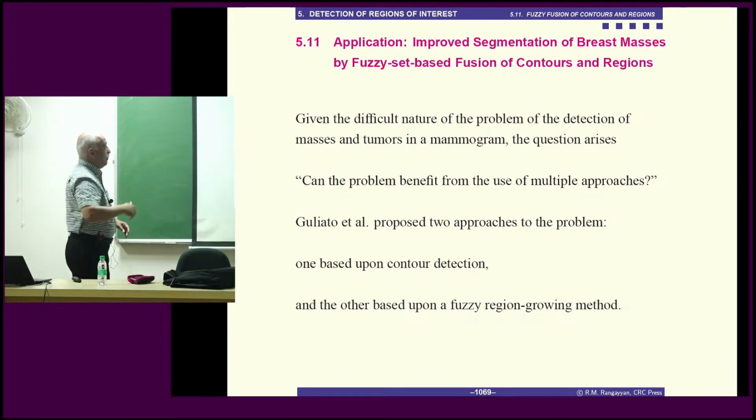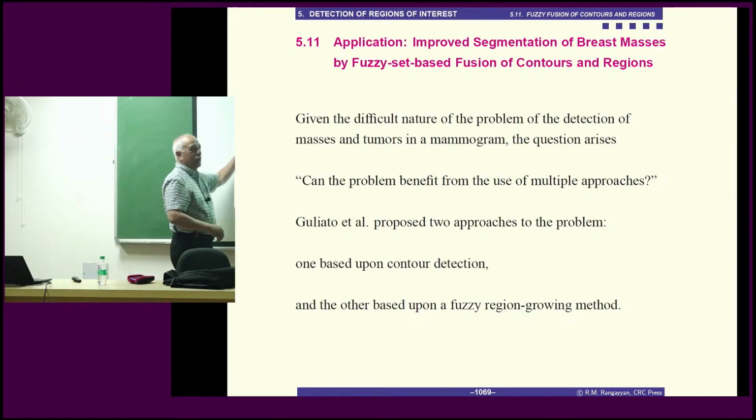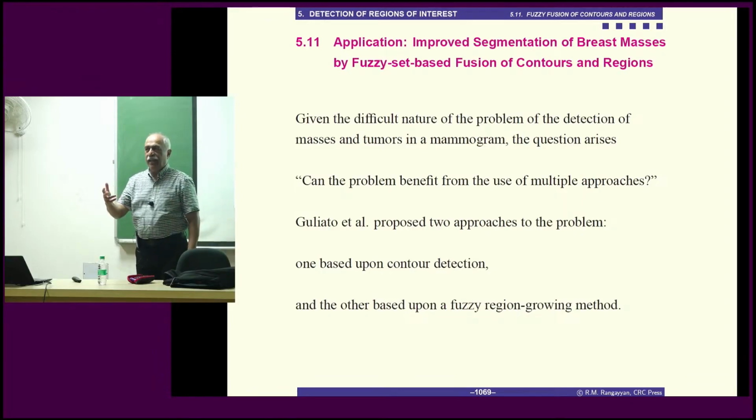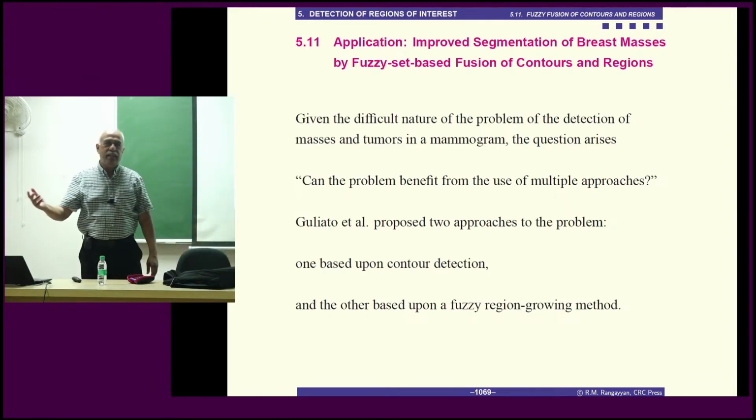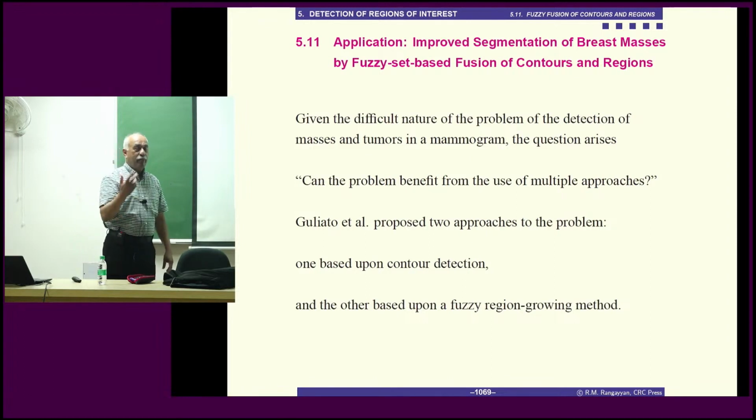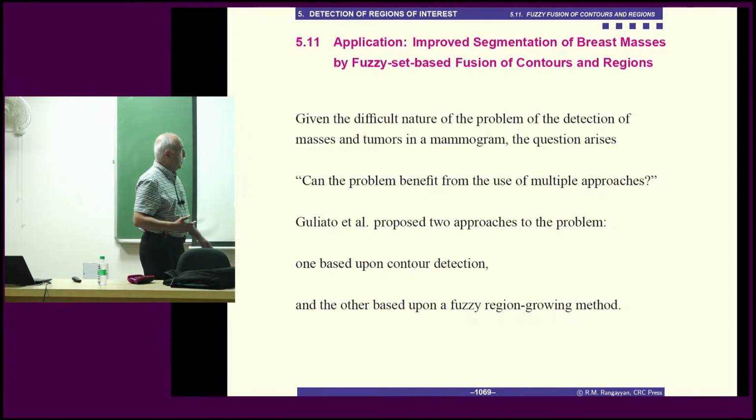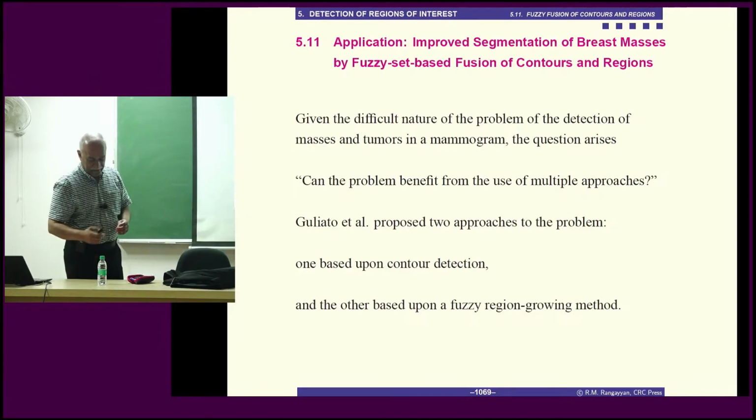So can the problem benefit from the use of multiple approaches to detect something? And when you get multiple results, instead of looking at all of them, can you put them all together and get possibly a better result? We already saw one to get a contour, another to get a fuzzy region.